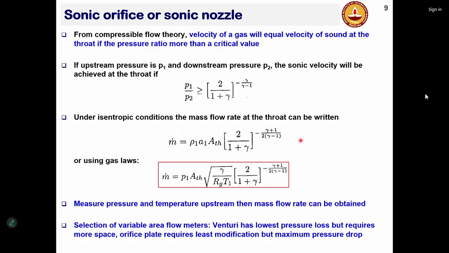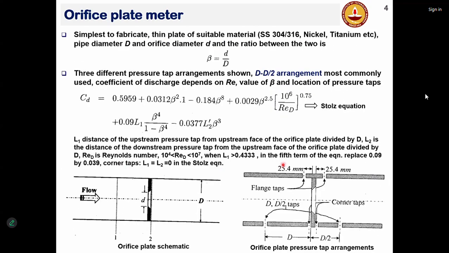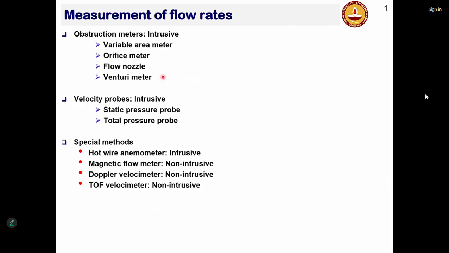What it is saying is that if you use compressible flow and you want to know what is the velocity of sound here, it will be the same as the velocity of the flow itself when the pressure ratio P1 over P2 is above a critical value. That means this velocity becomes equivalent to the speed of sound. So this is from gas dynamics.